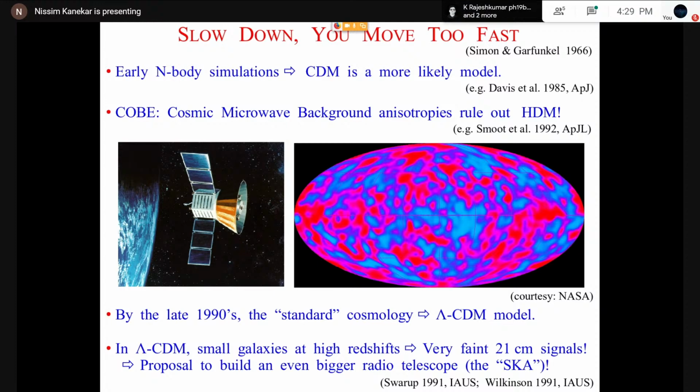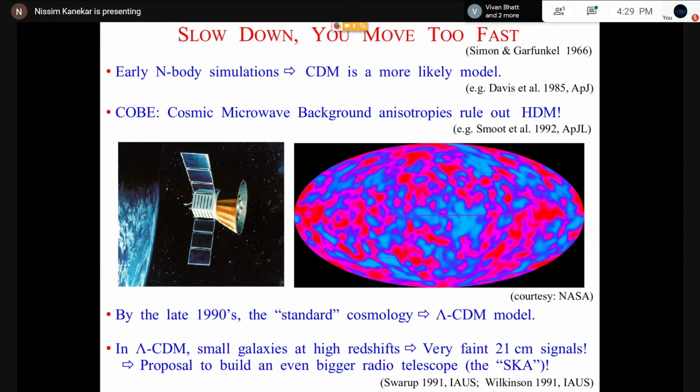By the late 1990s, with the Type 1a supernova measurements, the standard cosmology had become the lambda cold dark matter model, lambda standing for the dark energy, what is called dark energy today, or the cosmological constant. And this is a model which is a slight variant on cold dark matter, but the broad picture of lambda cold dark matter is the same as cold dark matter, namely that there are small galaxies at high redshifts.